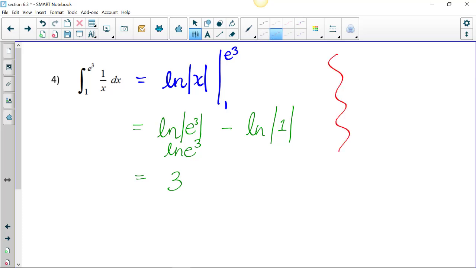Let's make a note of that. If I have the natural log of e to something, it's always going to be whatever is in the exponent because this is the log base e of e to the something.